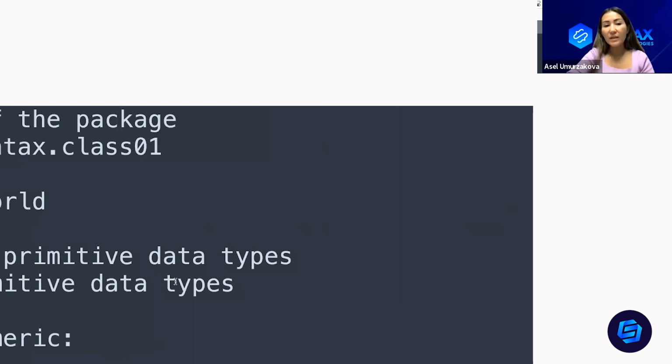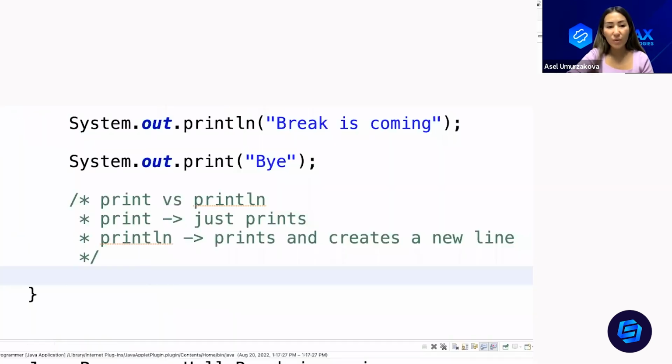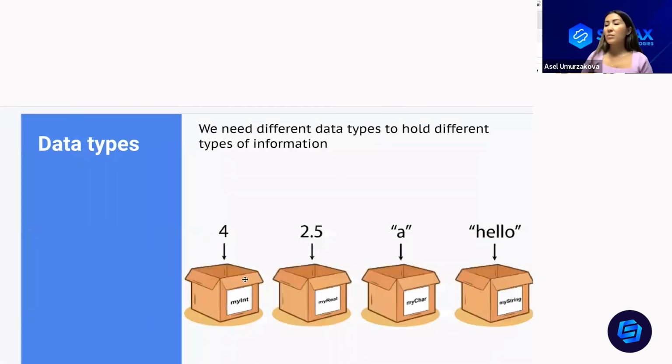When we look at the numeric values, we can have whole numbers such as 1, 2, 3, 4, 5. For example, our age, our day, our month of birth, our year is always a whole number and a numeric value.